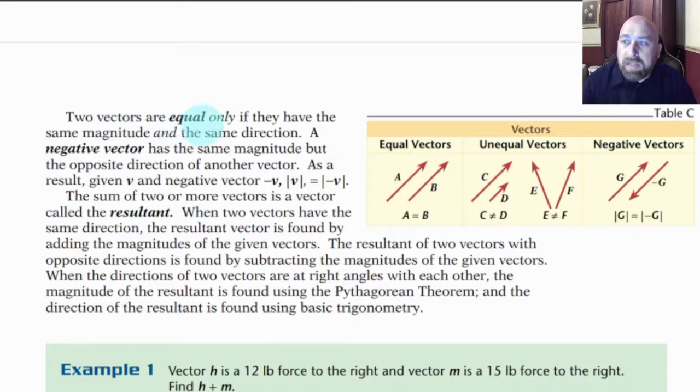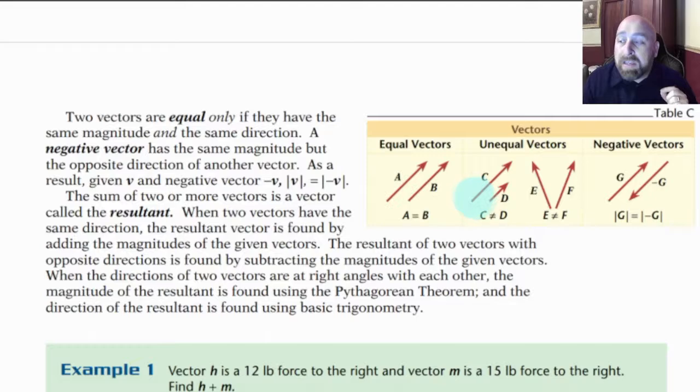Two vectors are equal only if they have the exact same magnitude and the exact same direction. So look at A and B, going in the same direction, and from the size of the arrow you can tell that they have the same magnitude as well.